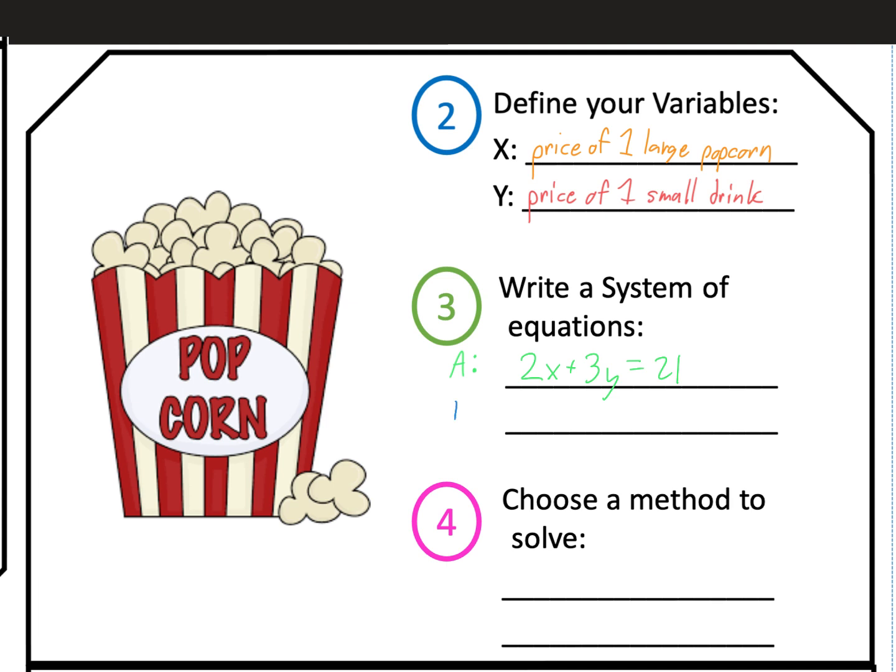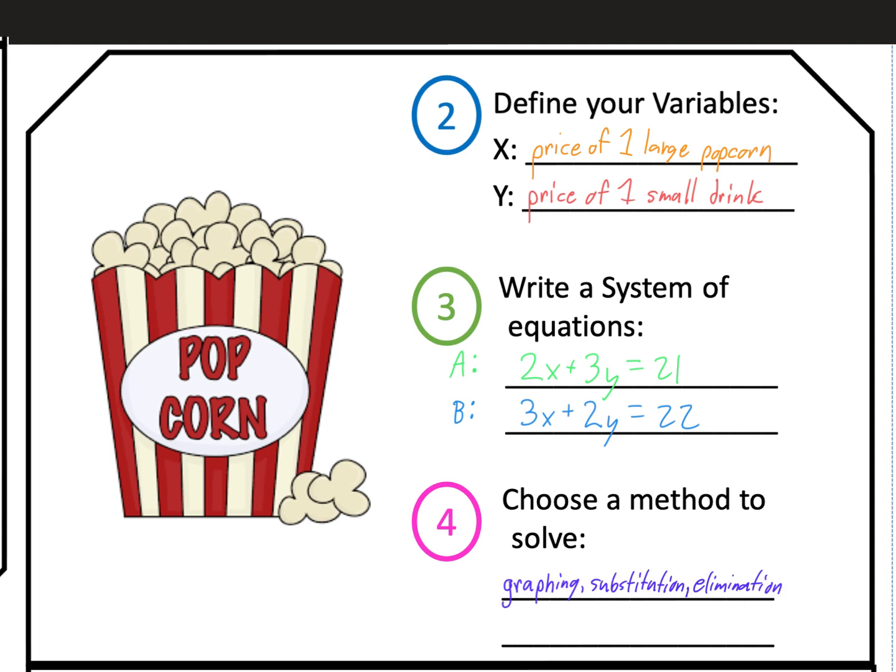Now let's write an equation for family B. Family B bought 3 large popcorns and 2 small drinks for $22. That means we have 3 times the price of the popcorn plus 2 times the price of the drink will give us a total price of $22.